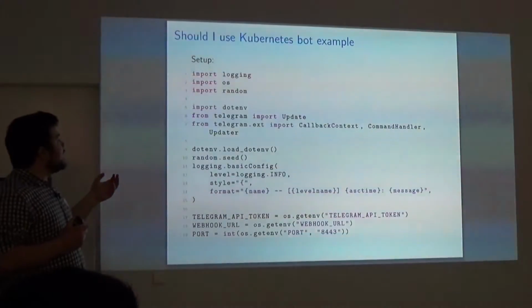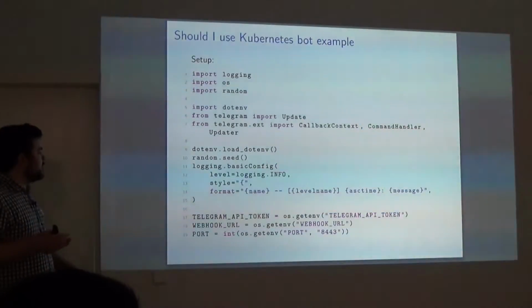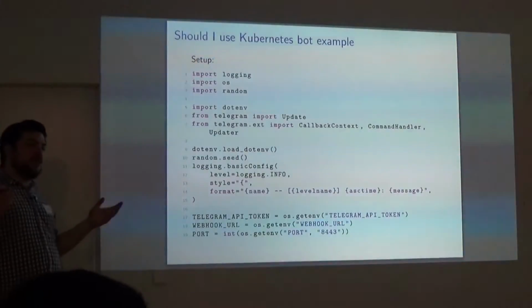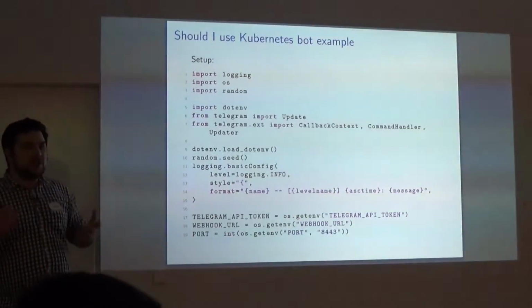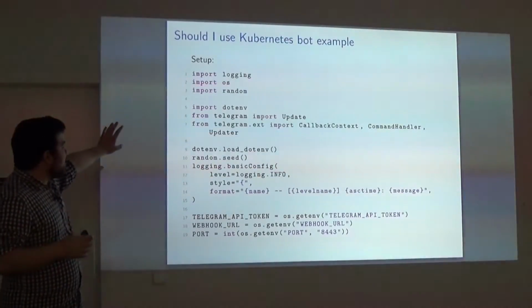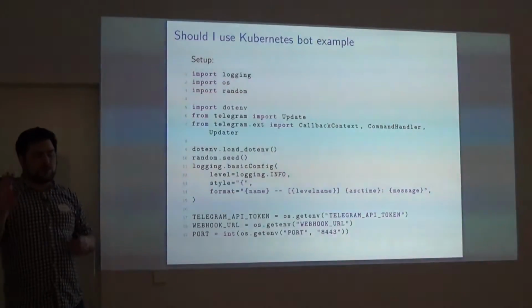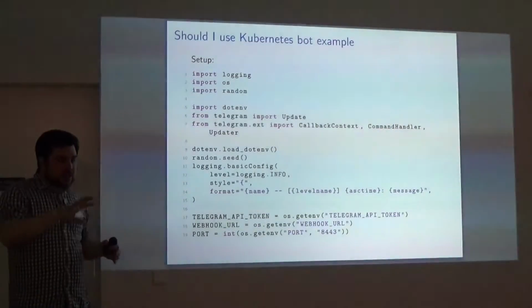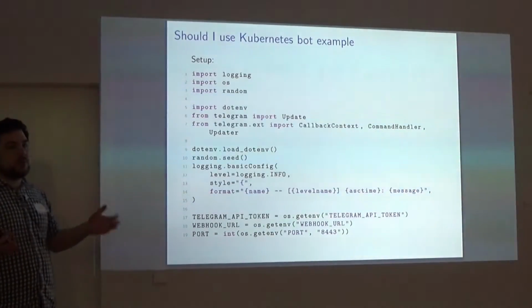So this is a very silly bot that I made after talking to some colleagues, which is just a bot that tells you whether you should or should not use Kubernetes, right? So in here we just import some things. I'm using this .env package, which just reads a literal .env file in your directory, which is very useful for importing.